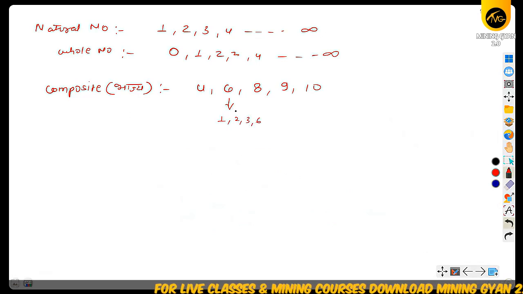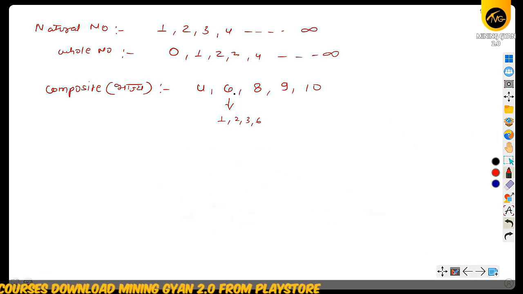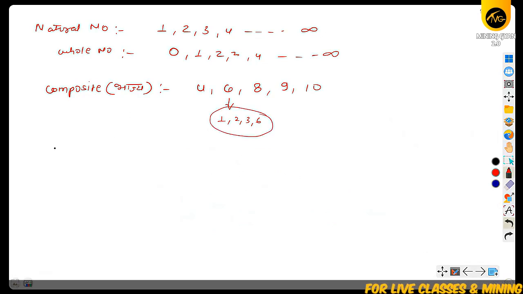Those numbers which have more than two factors are called composite numbers. For example, 6 has more than two factors: 1, 2, 3 and 6.